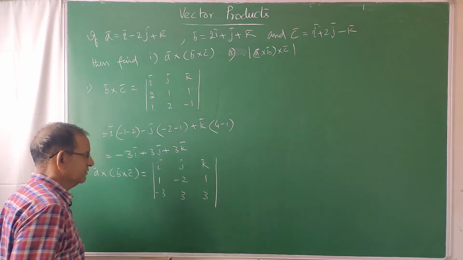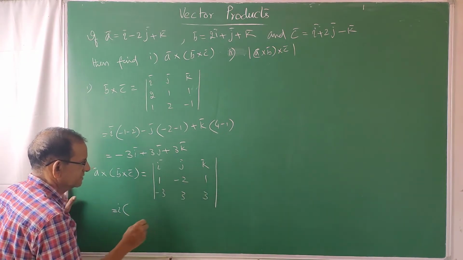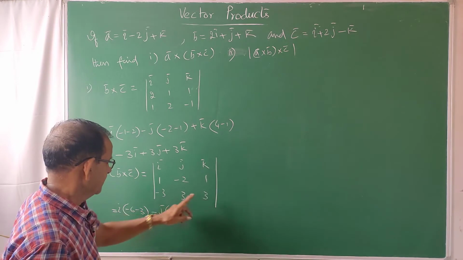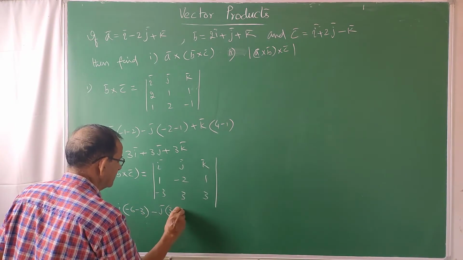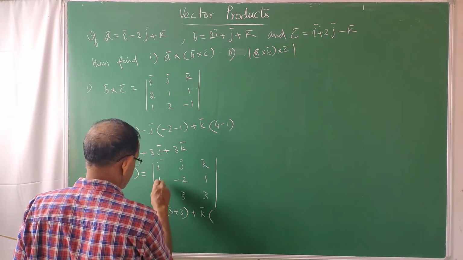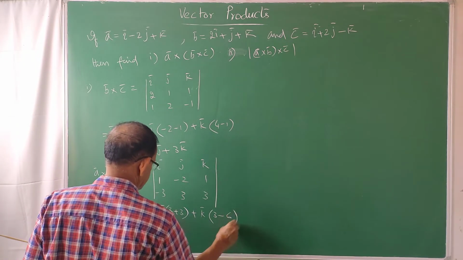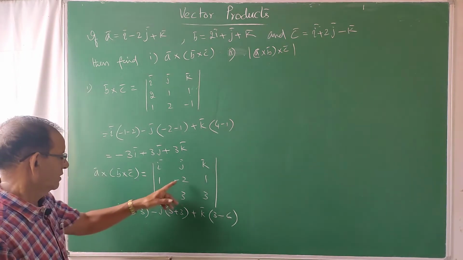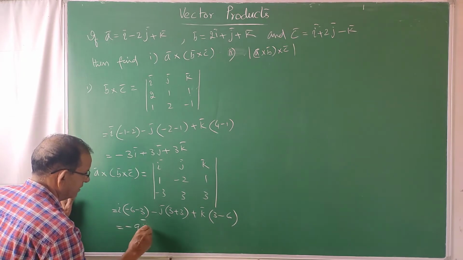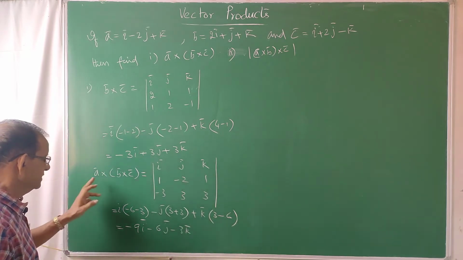If we expand this one, we will get the vector i bar into minus 6 minus 3, minus j bar into 3 minus minus 3, 3 plus 3, and k bar into 3 minus 6. That is minus 9 i bar minus 6 j bar minus 3 k bar. This is a cross b cross c.